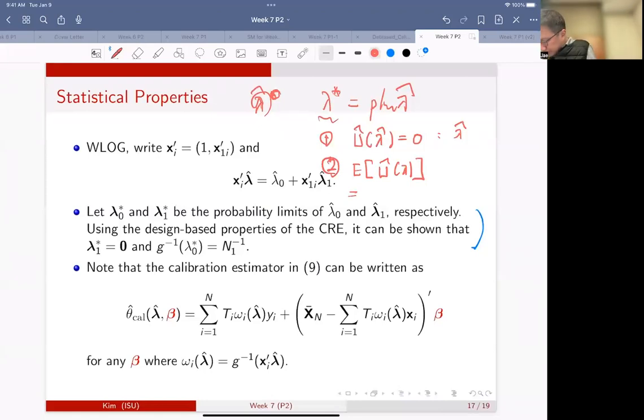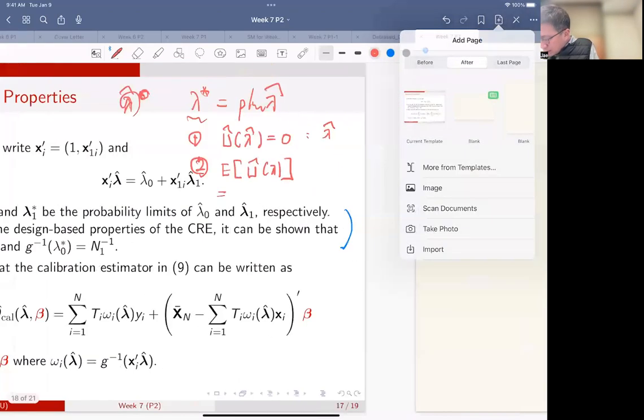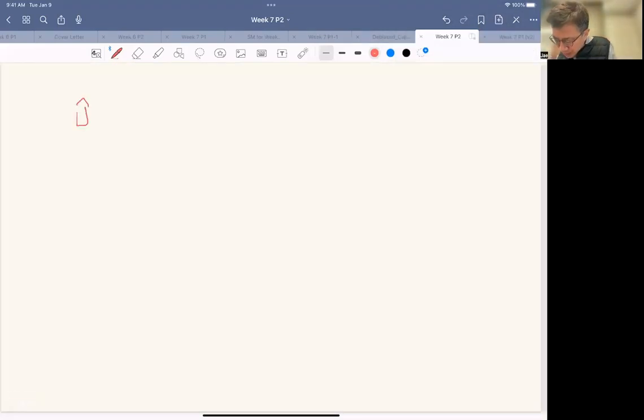Well, let's write what u hat is. u hat of lambda is an equation that determines lambda. In our specific case, this is omega i of lambda times xi minus x bar n.